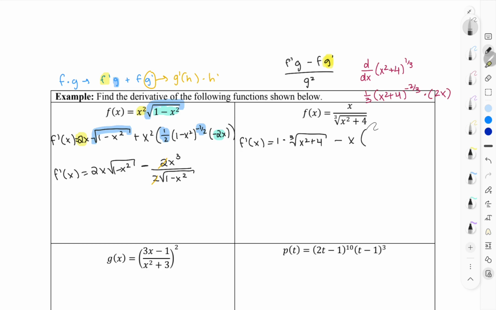Right? So I get 1/3 x squared plus 4 to the negative 2/3 times 2x. And all of that is still just in that second term of my numerator using quotient rule.